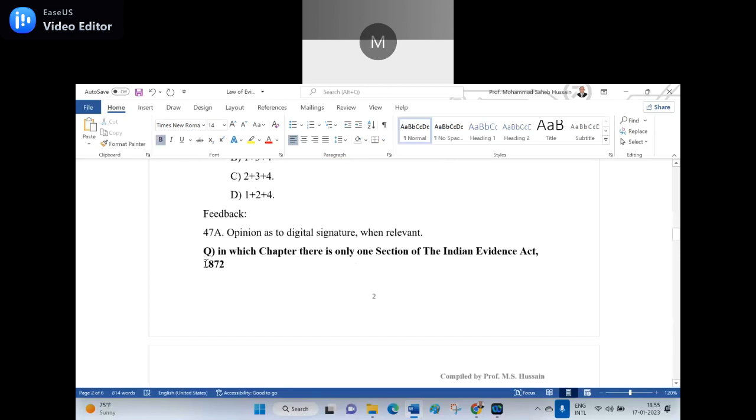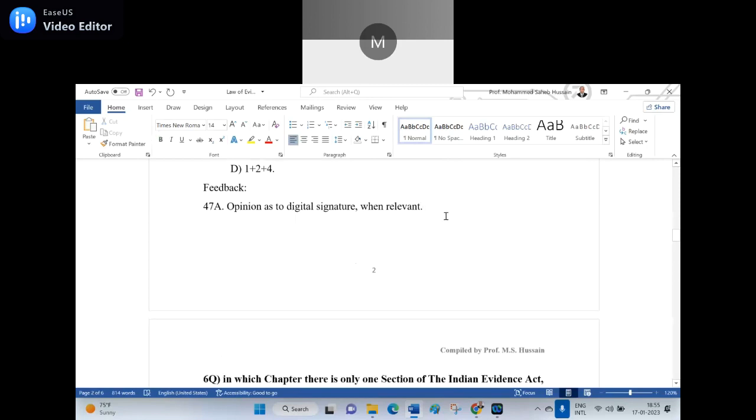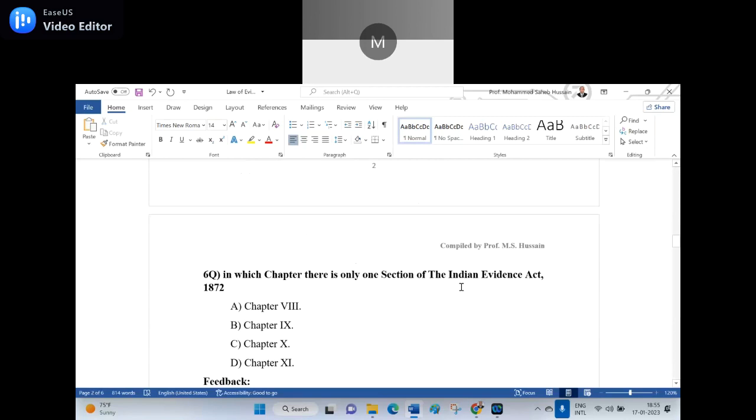Anyone can unmute and read the sixth question? In which chapter there is only one section of the Indian Evidence Act 1872? A. Chapter 8, B. Chapter 9, C. Chapter 10, or D. Chapter 11?